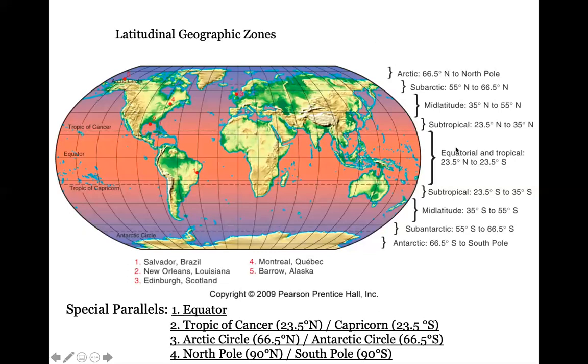All right. One important thing that we'll be talking about throughout the semester are the latitudes and what climates come with them. Of course, you guys know that down at the equator or the tropical latitudes or tropical regions, it's very hot. And this is where the sun is always shining directly overhead all year long.